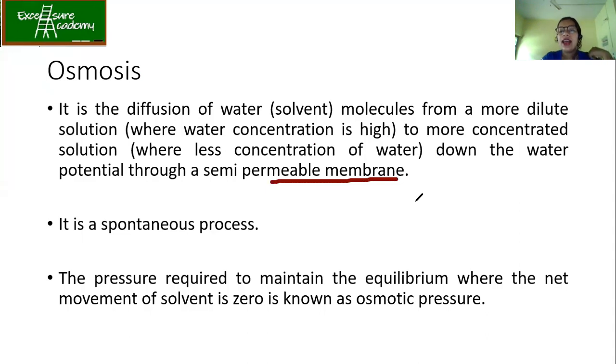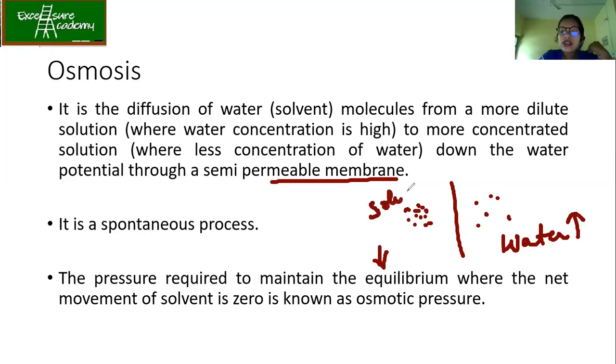So what it is saying is that in one place you have high solute concentration, and a membrane permeability is there. From which direction? That is down the water potential. Here the water concentration is high and here water concentration is less, or in other words, solute concentration is high here and here it is less.